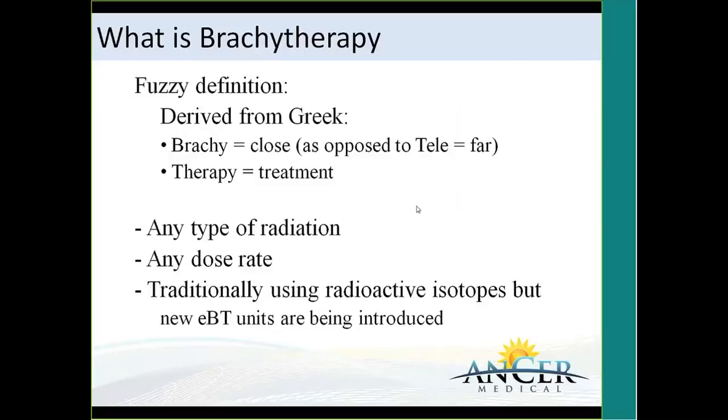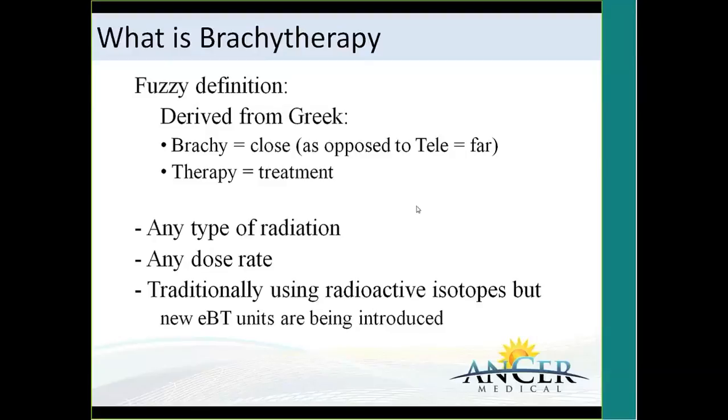How do you know that one device is brachytherapy and the other one is not? It makes a little bit of a difference when it comes to reimbursement and billing and so forth. But in general, it can apply to any type of radiation and any dose rate. Traditionally, we have been using radioactive isotopes, but electronic brachytherapy is now being introduced, and so this is available as well.